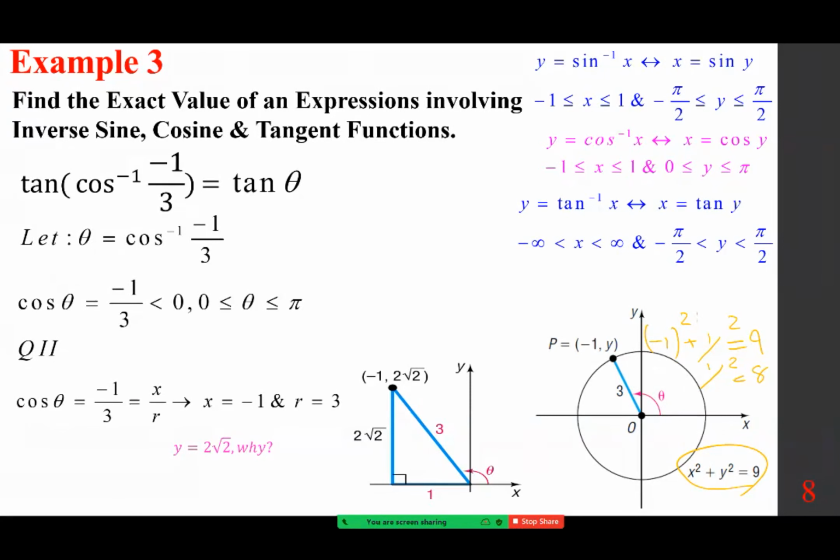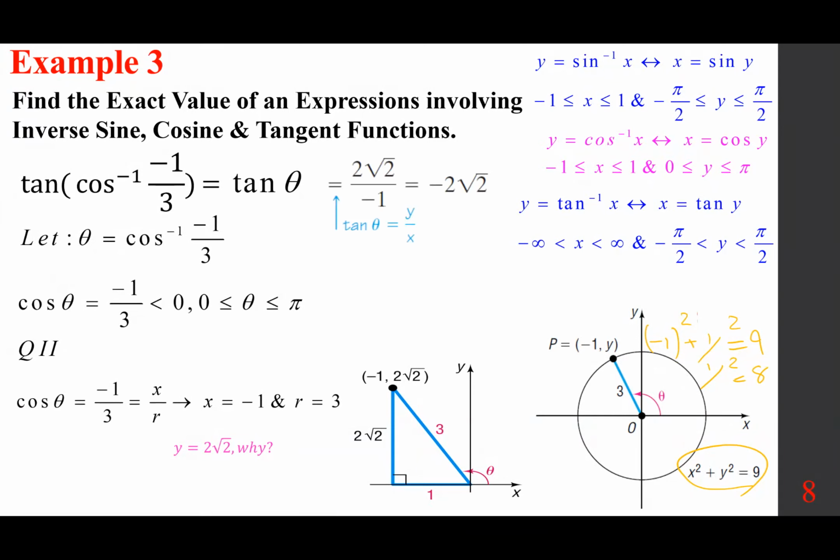So we have x, y, and r, and we know tangent is y over x. So we just plug into y over x, 2 square root of 2 over negative 1, and the answer is negative 2 square root of 2. So that's a process that we go through.